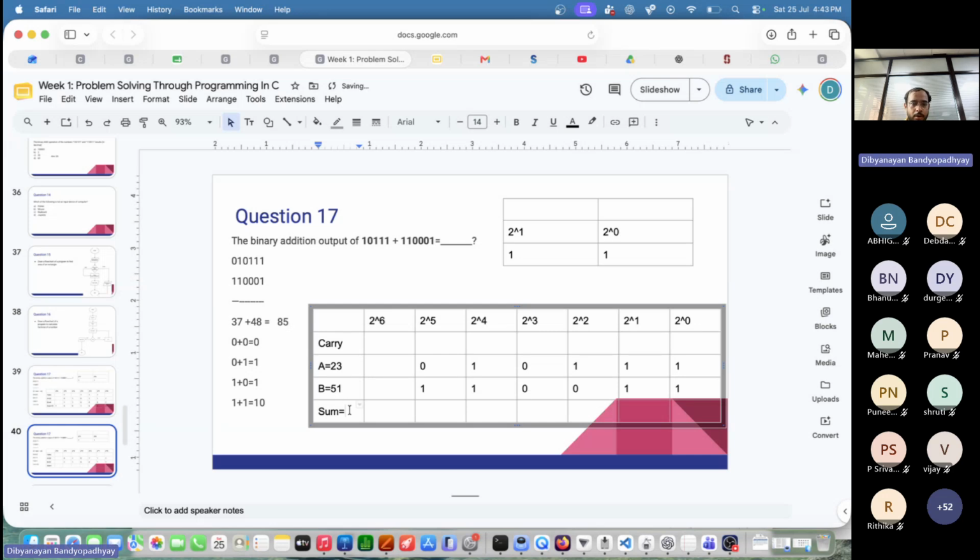So the sum should be equal to 74. Okay, let me check.